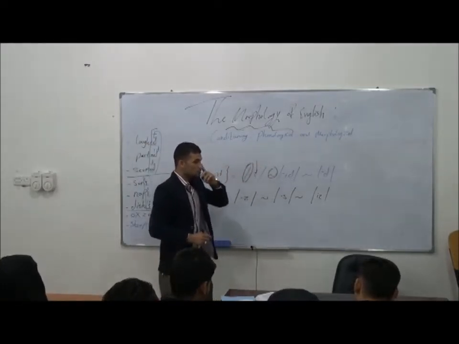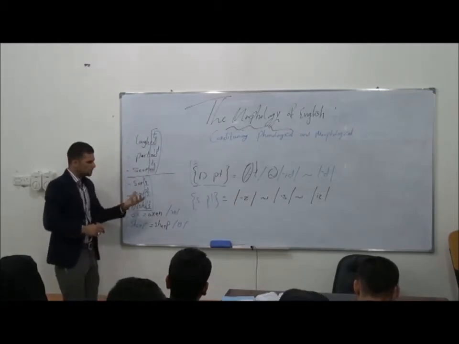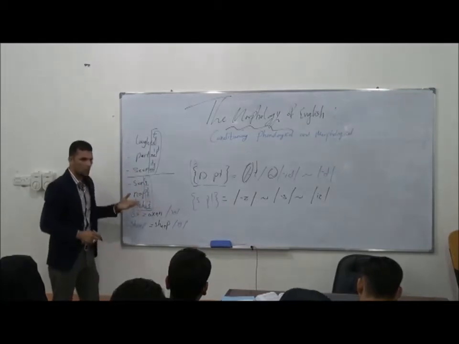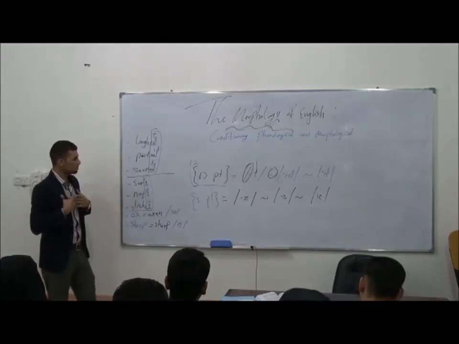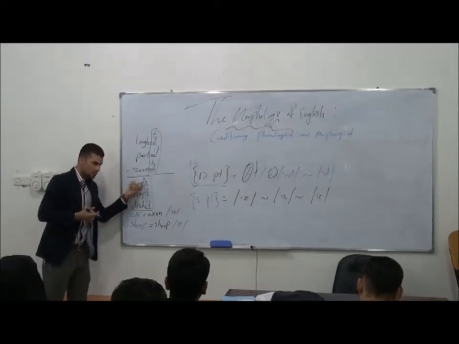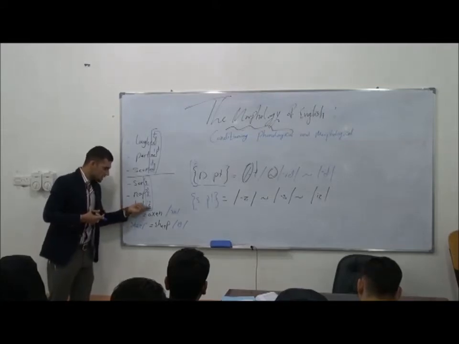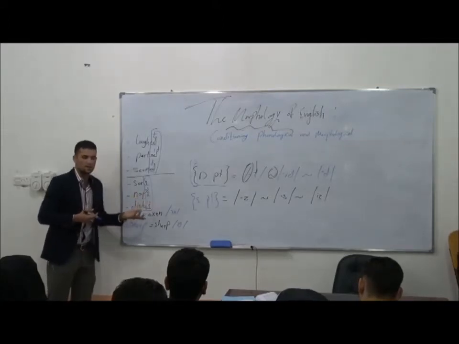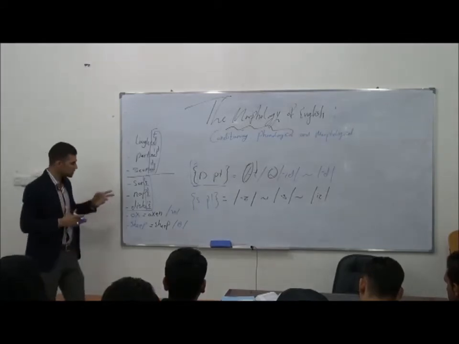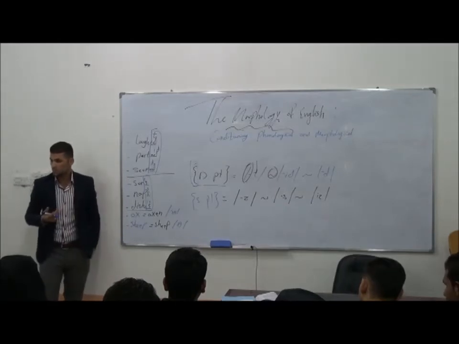Look. Phonological and morphological conditioning. We mean why this morpheme is pronounced differently in these 3 words. Why do we pronounce the S in this word, son, as sons? Why do we pronounce, for example, the S in dish as dishes? Depending on what? Why are there different ways?